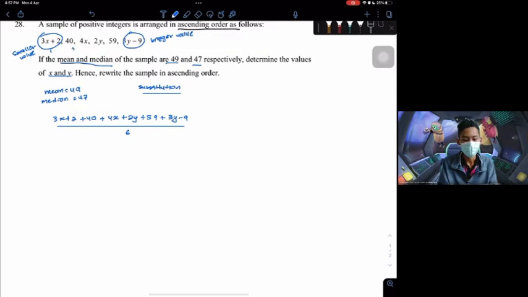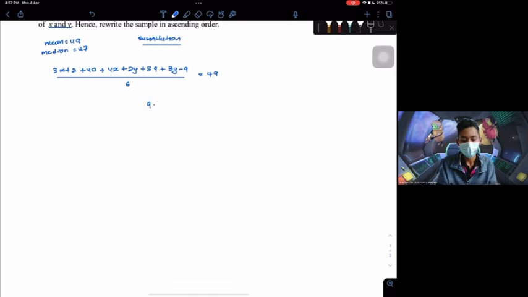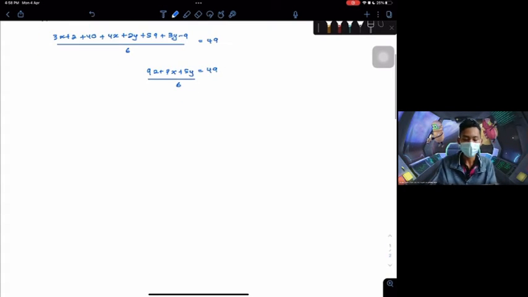We have 6 data. So divided by 6 equals our mean, 49. Then we simplify it, we get 92 plus 7x plus 5y divided by 6 equals 49. Simplifying further, we get 7x plus 5y equals 202. So we can see that this is the first equation.